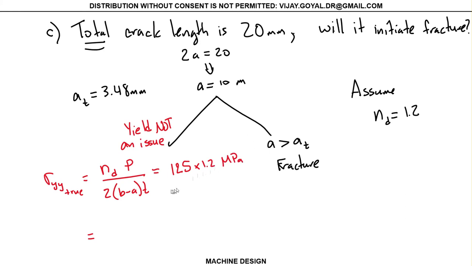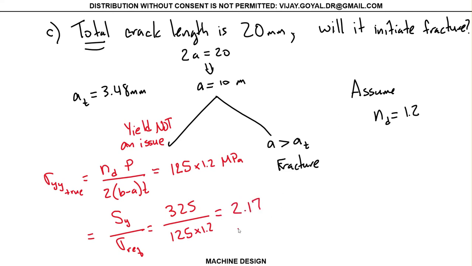Okay, so the maximum that's available over what is actually required would be 325 divided by 125 multiplied by 1.2, and that will give you 2.17, which is bigger than 1 and is safe, and there will be no yield initiation. Okay, you don't have to do this, but it shows you that our assumption was correct.